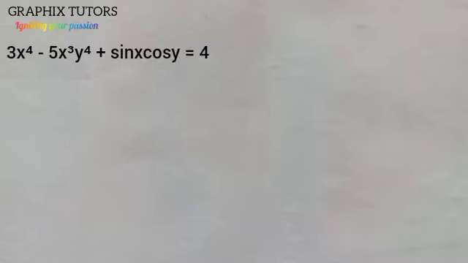Today we want to solve a problem in calculus involving implicit differentiation, where we are told to find dy/dx of the given expression displayed on the screen, which is 3x to the power of 4 minus 5x cubed y to the power of 4 plus sin x cos y equals 4.